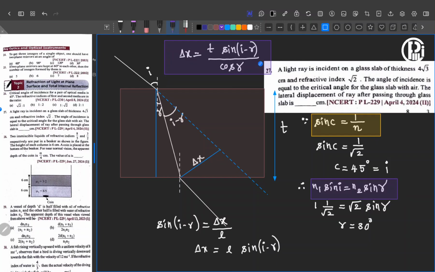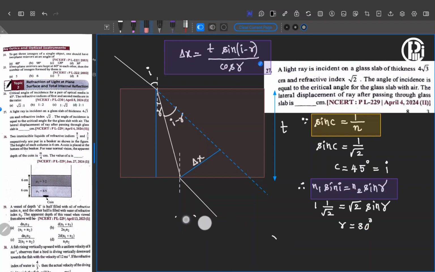Now what I have to do is substitute all the values here. I know the thickness is 4√3, I know i is 45 and I know r is 30 degrees. So substituting the values, delta x is equal to t, which is 4√3, times sin(i minus r), that is sin(45 minus 30), so sin 15, divided by cos r, cos 30, which is √3 by 2.